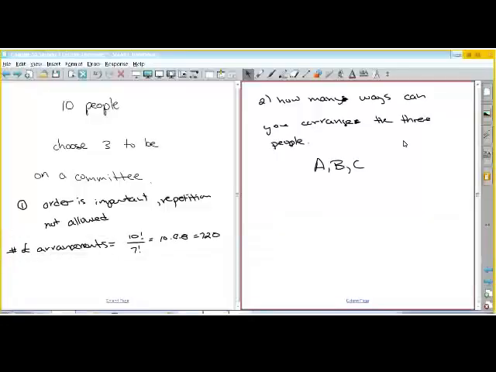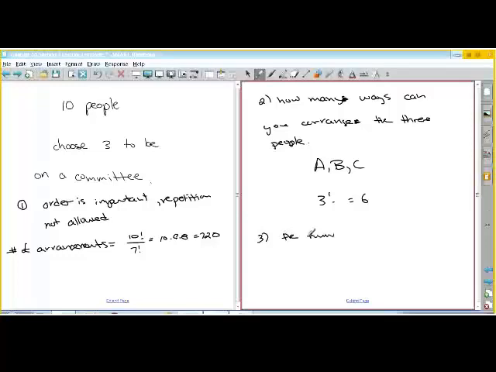So we're going to look at the notes from section 2 here. Items, and that's how you remove the order. So how many ways can you arrange 3 people? The answer is equal to 3 factorial, because I have 3. So this is 3 factorial, or 6.